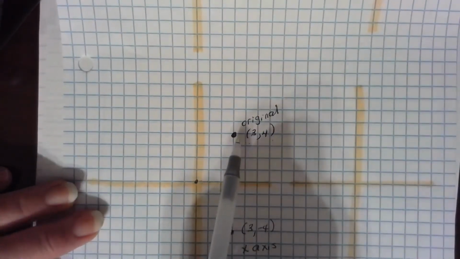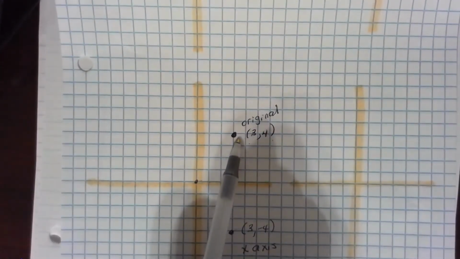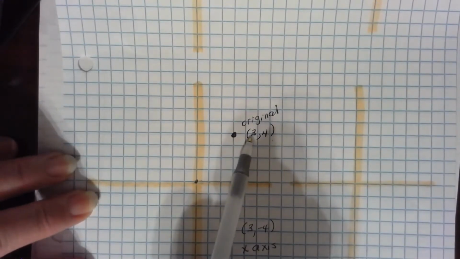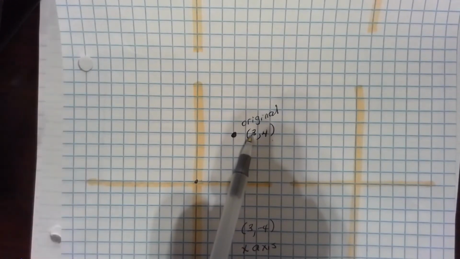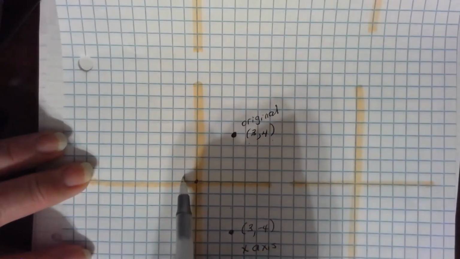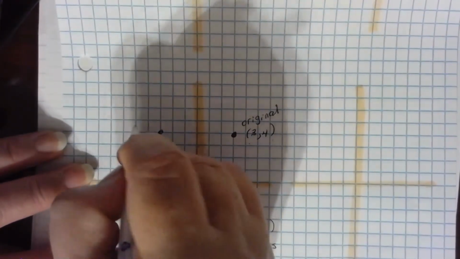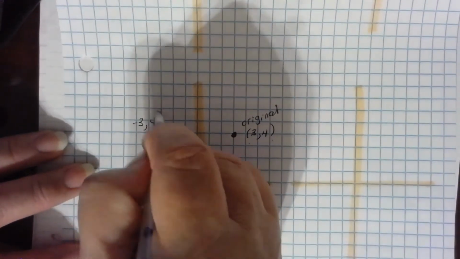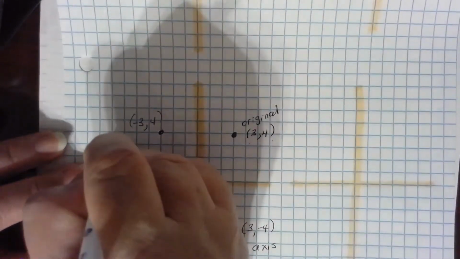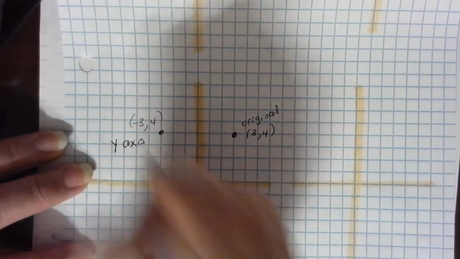Alright, now I'm going to go back to my original point, and it says do y-axis symmetry. That means you change the sign of the x. So I need to do negative 3, 4. 1, 2, 3, 1, 2, 3, 4. Okay, so that's my y-axis symmetry point.